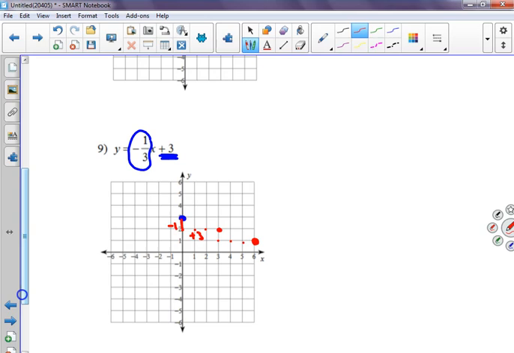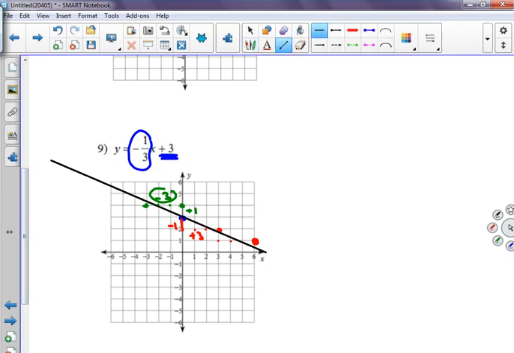So if I want to go the other way, I can go up 1, then over negative 3. 1, 2, 3. Then connect the line. And I'm done.